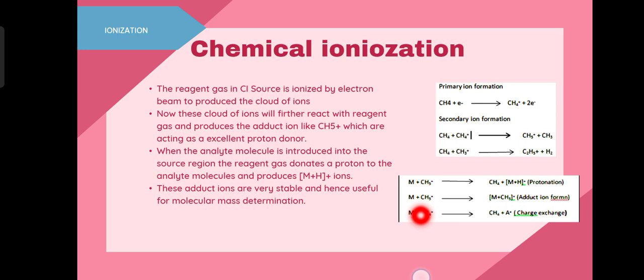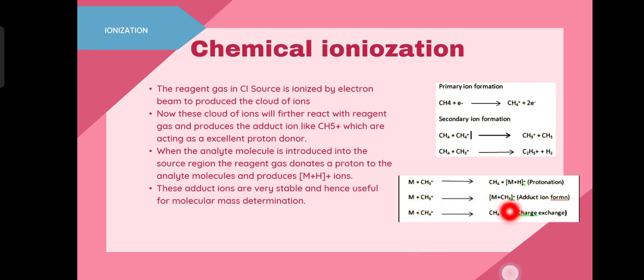The second mechanism is adduct ion formation, wherein CH5 plus wholly reacts with the analyte to form M plus CH5 plus. The third mechanism is that CH4 plus reacts with the analyte molecules by charge exchange, where CH4 plus donates its charge to the analyte molecule.